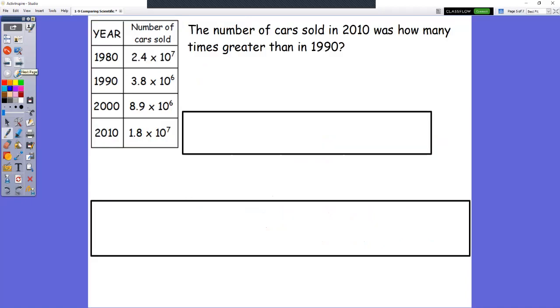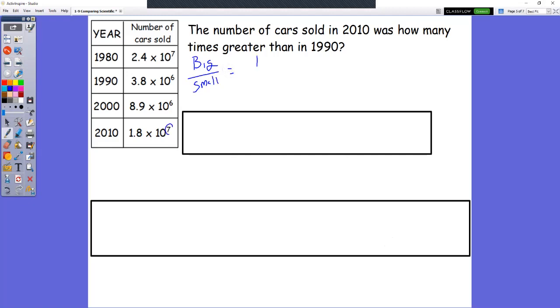Okay, and then one more with a table and the years and the number of cars sold. The number of cars sold in 2010 was how many times greater than in 1990? And again, remember, we want the big divided by the small number. So in 2010, it was 1.8 times 10 to the 7th.